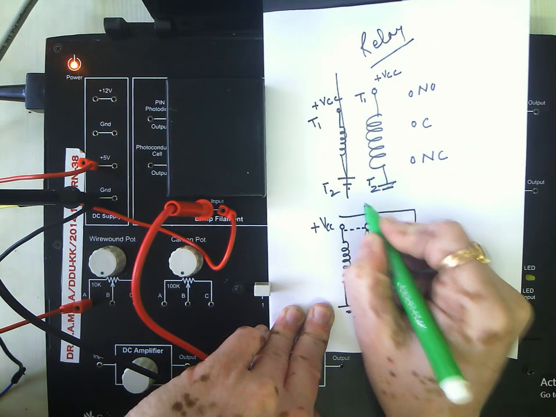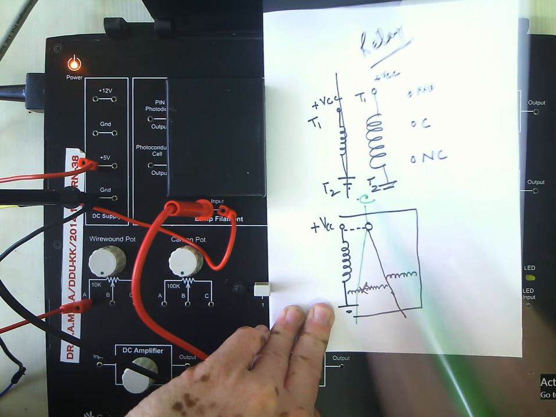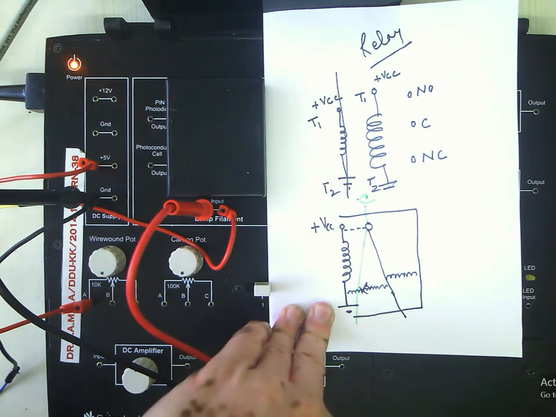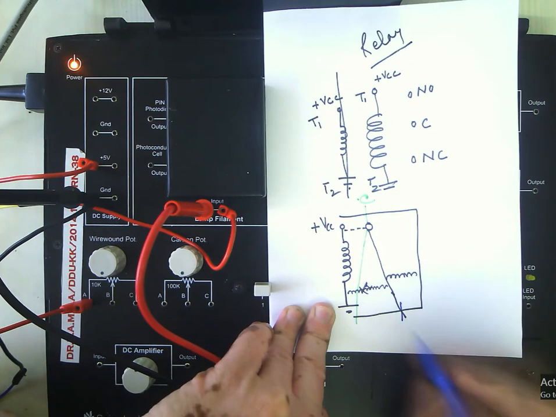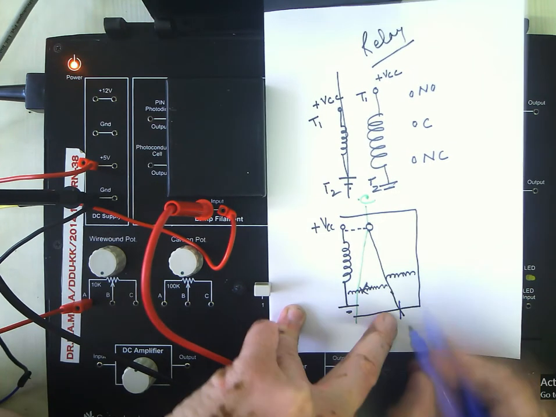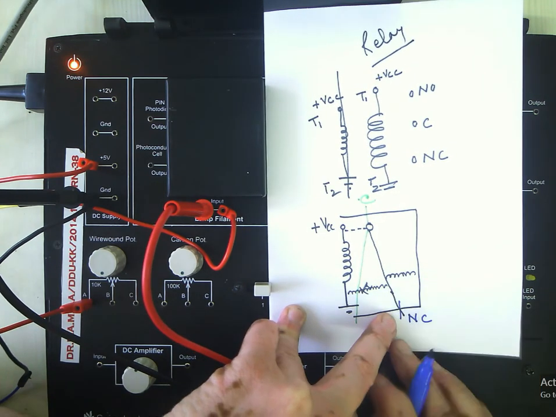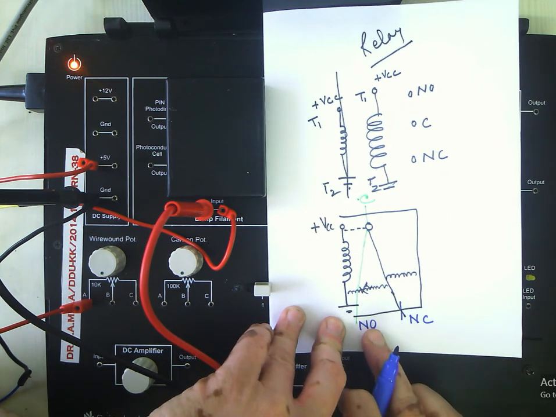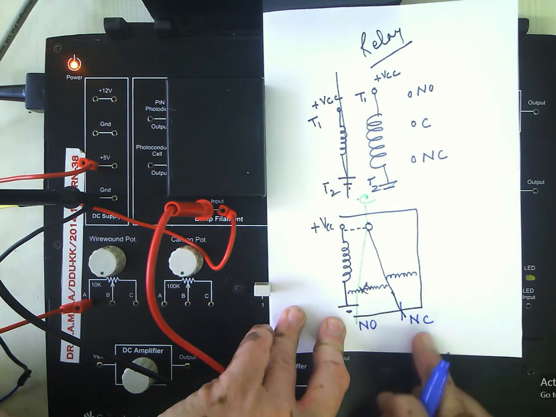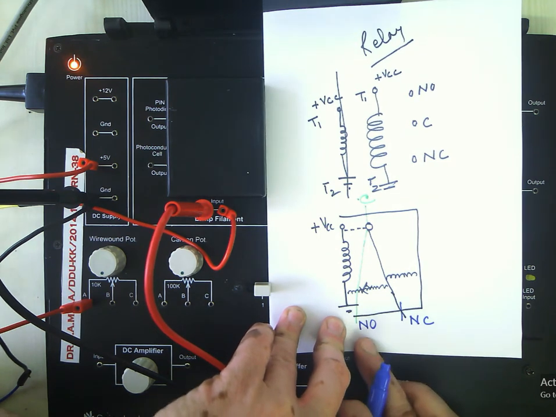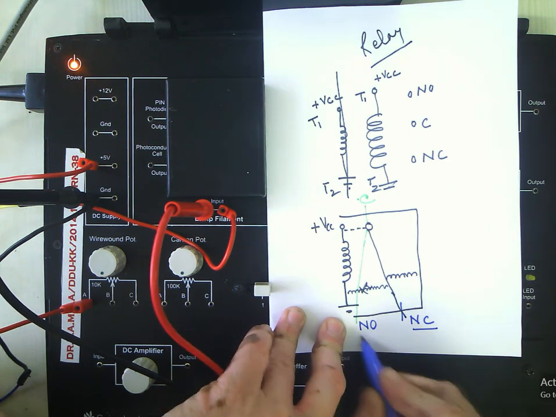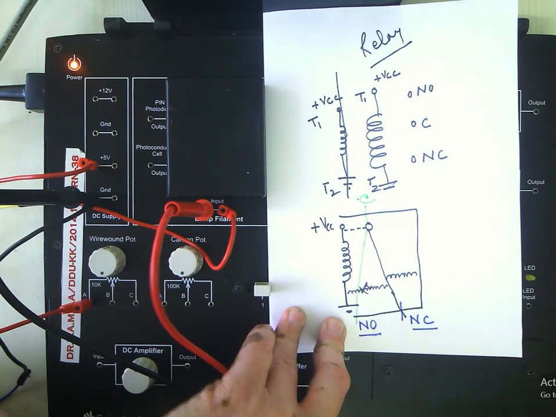Now, the constructional feature is like that. Here you have one terminal. This terminal is called common. Here you have another terminal, which we call NC. And here you have another terminal, which we call NO. So what is the significance of this NC and NO? You see, this NC signifies normally connected or normally closed, and this NO is normally open.